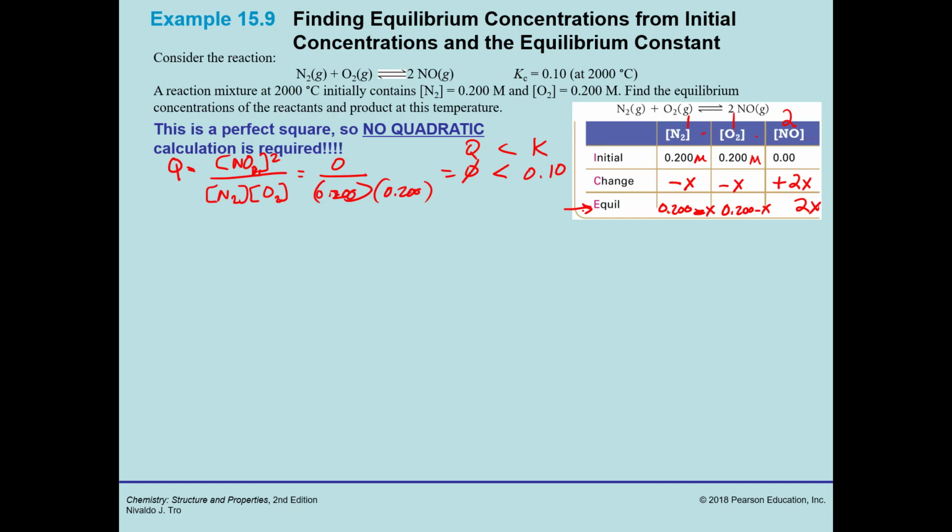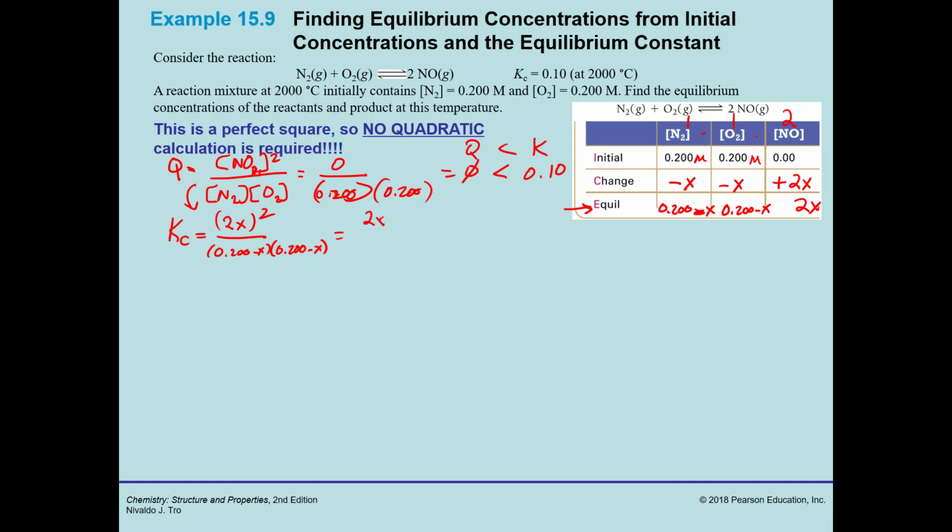So I'm going to set Kc, and I'm not going to rewrite it because it's the same, of NO squared divided by N2 times O2. That gives me 2X squared divided by 0.2 minus X times 0.20 minus X, which is basically 0.2 minus X squared.